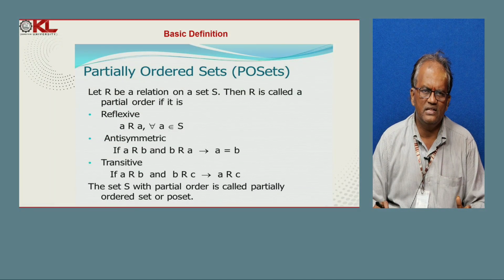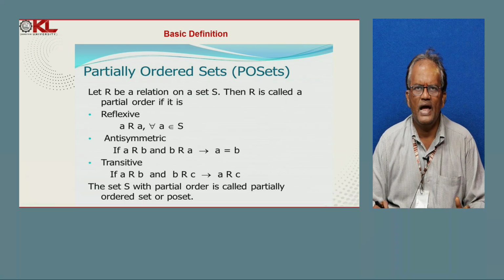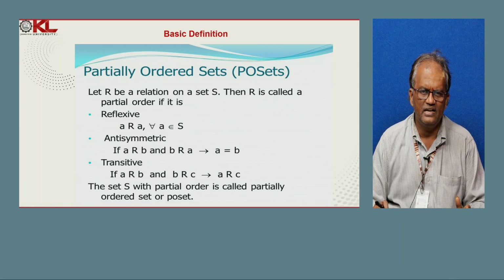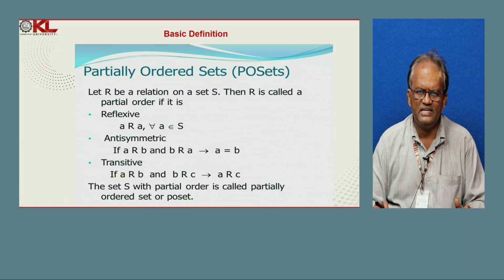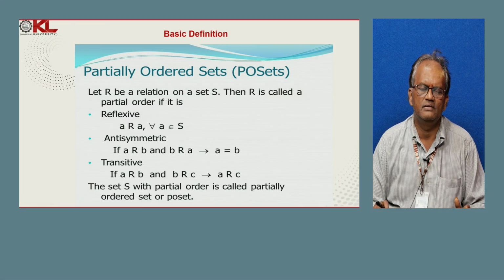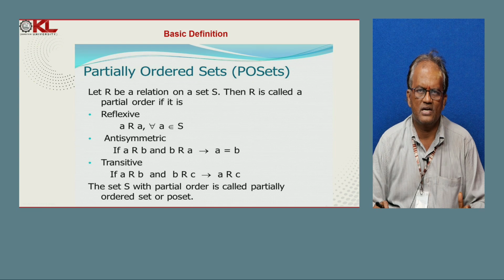The third is the transitive property: if A is related to B and B is related to C, that gives A related to C. If these three properties are satisfied by a relation on a given set, then the pair of set and relation is called a partial order set, and this order is called a partial order. Make a note of this; it is important.